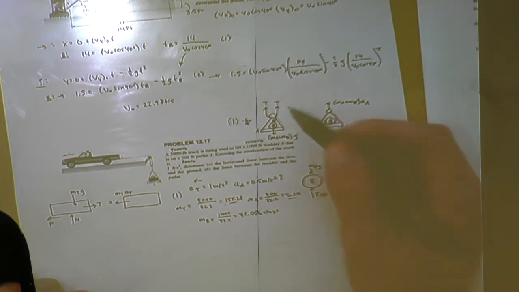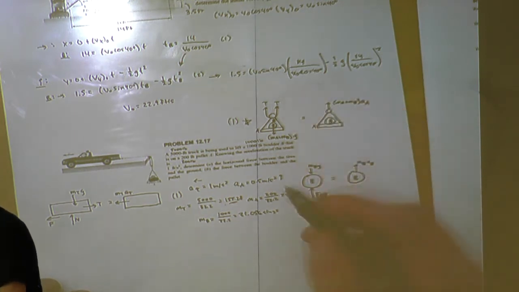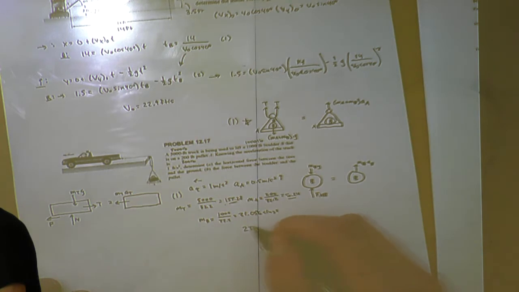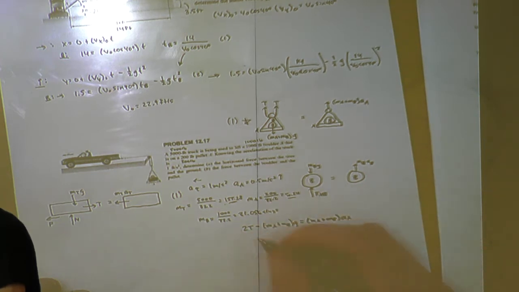So we have these two T's minus the MA plus MBG is equal to MA plus MB, the acceleration of A. So with all the information we have, we can plug in and solve for T. It's going to come out to T equals 609.32.